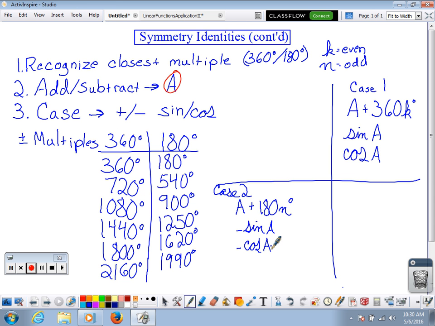Then for whatever reason, they decided case 3 was going to be in quadrant 4, and this is where you have a multiple of 360 degrees. I guess k doesn't necessarily have to be even, but we'll specify that n is odd.